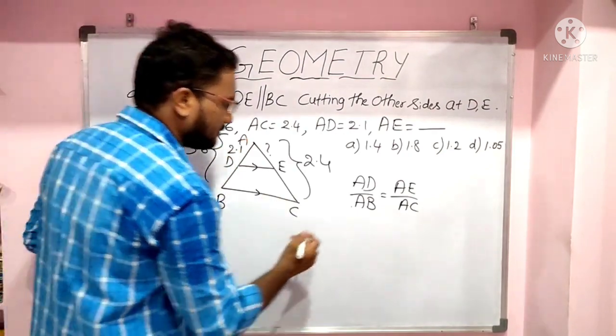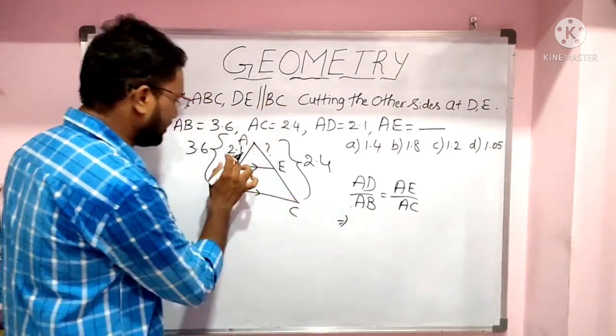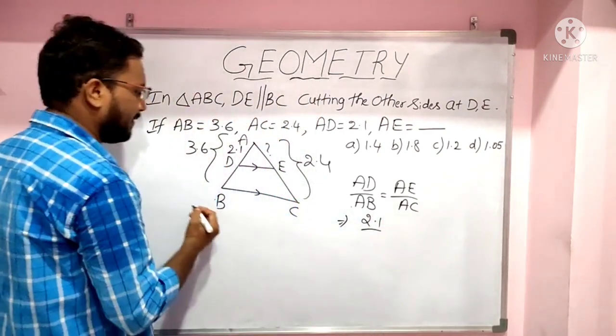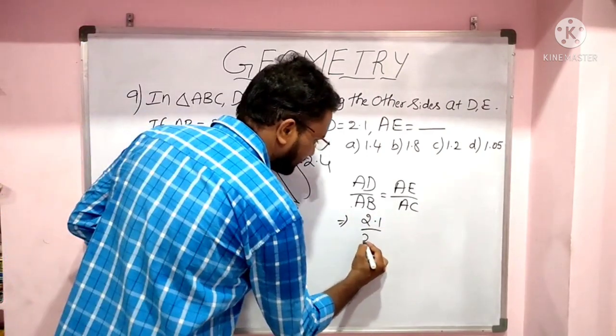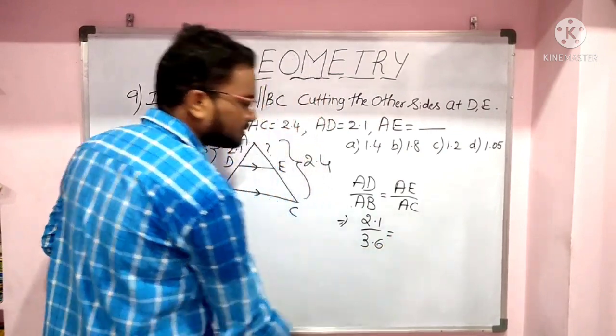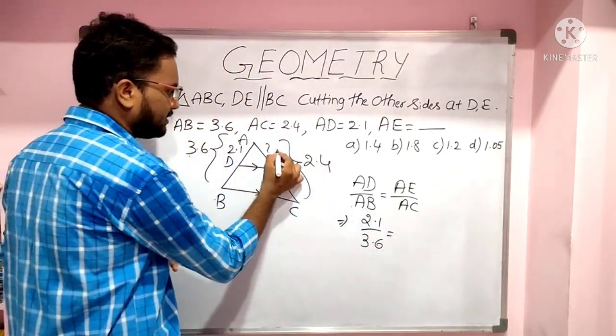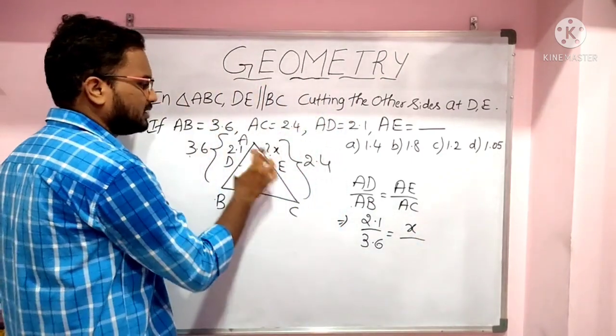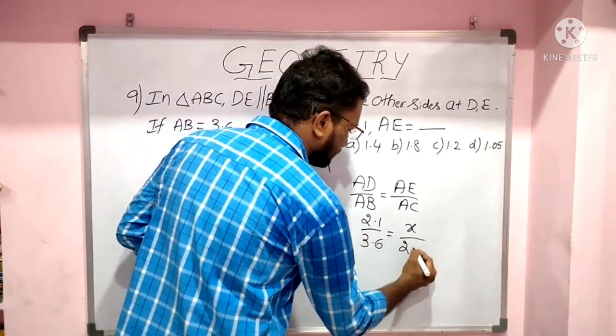So AD is 2.1 and AB is 3.6, and AE is, let us say, x, by AC which is 2.4.